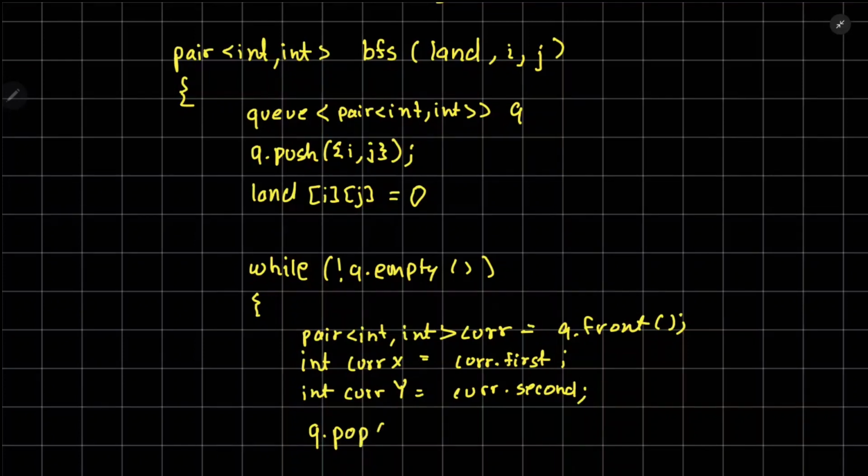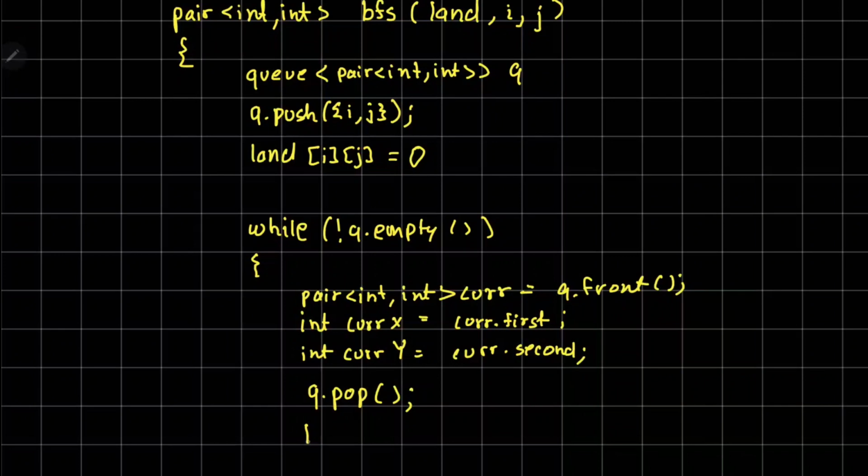So q dot pop, and now we'll mark the current coordinate that we just popped as visited. So land current x current y. No, actually we don't need to write that line here. I don't know why I have written it in the code. So let's comment it.